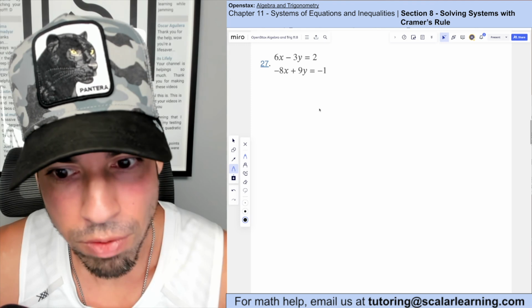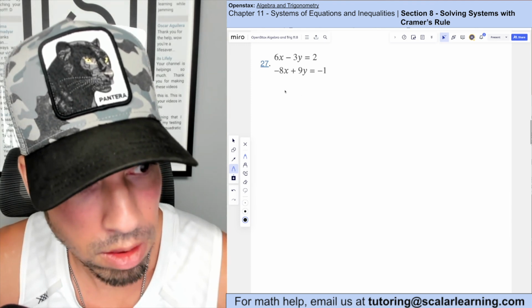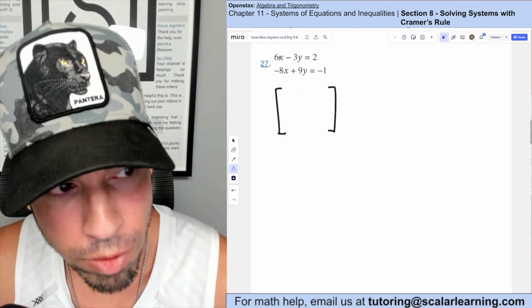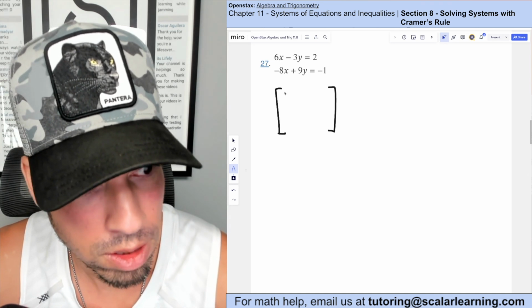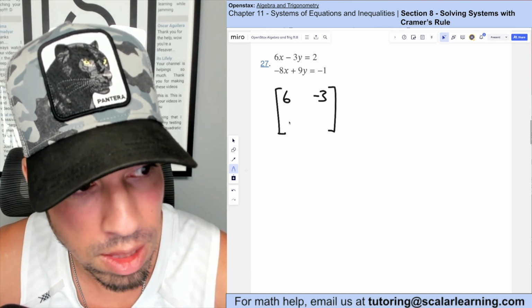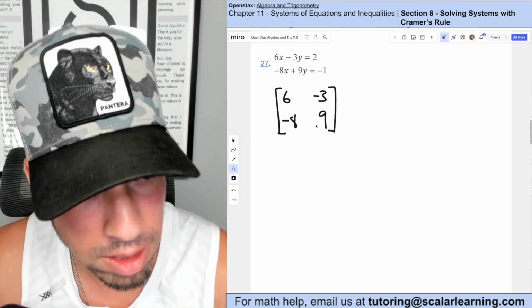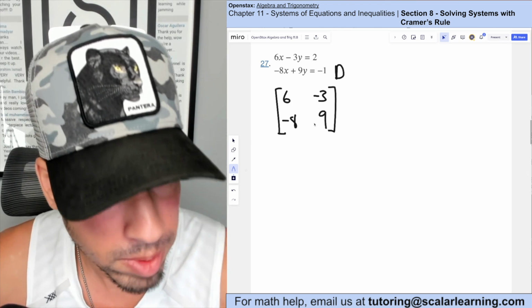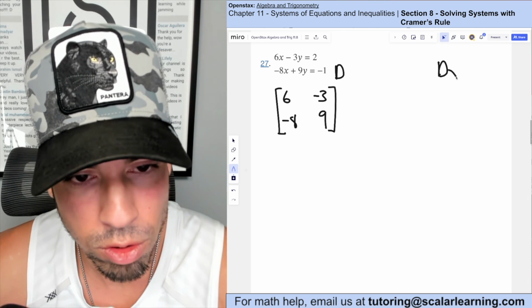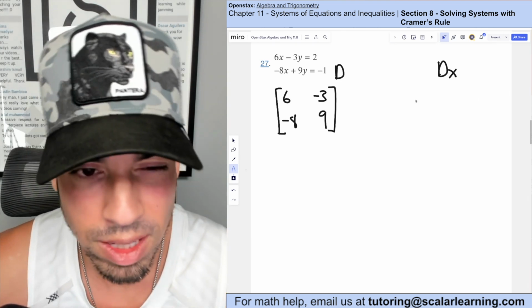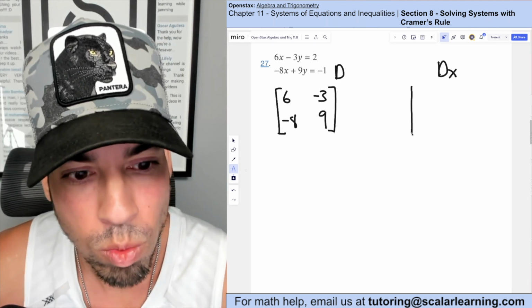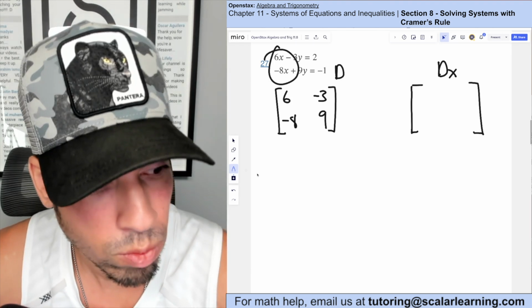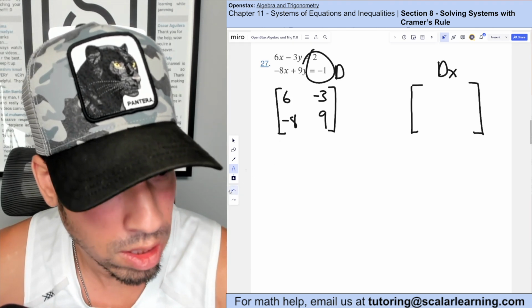Done. All right, so for this one, we're going to make 3 different matrices. So first we got the regular coefficients 6, negative 3, and that's on the left side. Negative 8 and 9. And we're going to calculate the determinant of this. Then we're going to calculate the determinant of the x matrix. So what we're going to do here is replace the x's with these values.